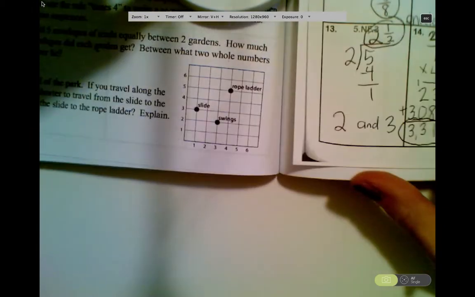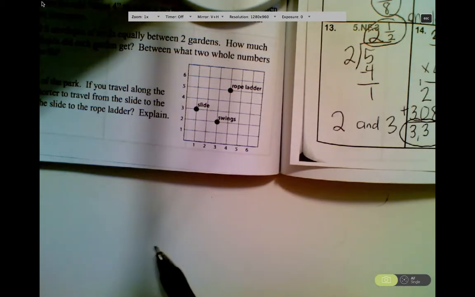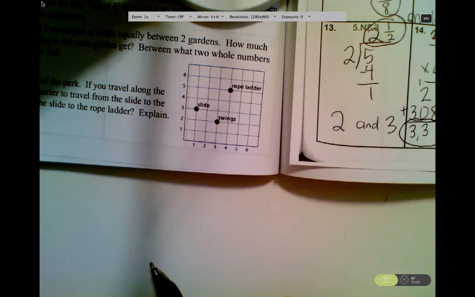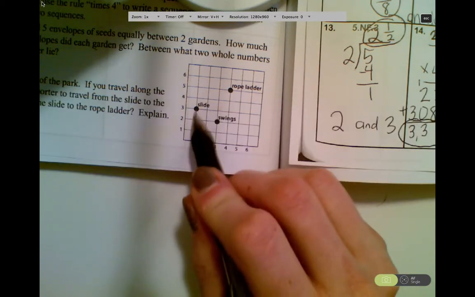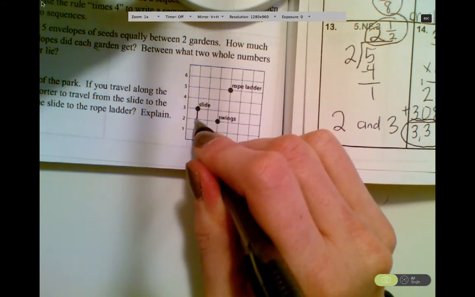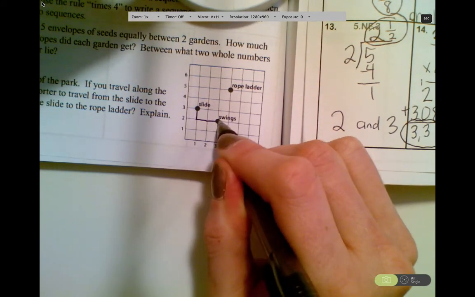Number 15. Look at the grid of the park. So let's look at that. If you travel along the grid lines, is it shorter to travel from the slide to the swings or the slide to the rope ladder? Well, let's see. We have to go along the grid lines. If I go from the slide to the swings, I have 1, 2, 3.